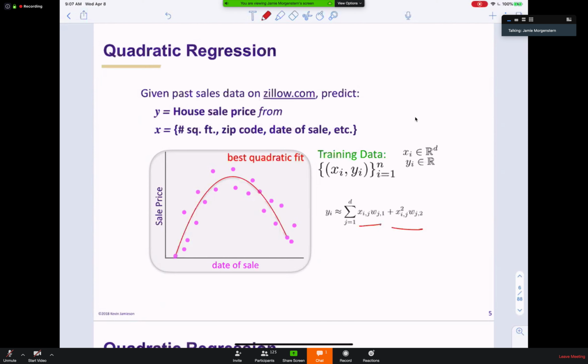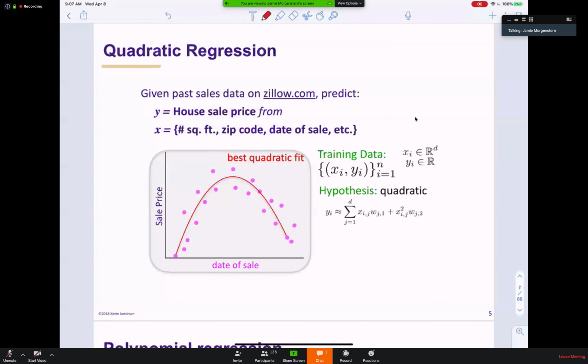This slide basically assumes that in this case, our sale price, y_i, can be approximately predicted from a bunch of linear terms of our features, along with their squared representations. So this is just a quadratic function of the collection of features we've gathered.